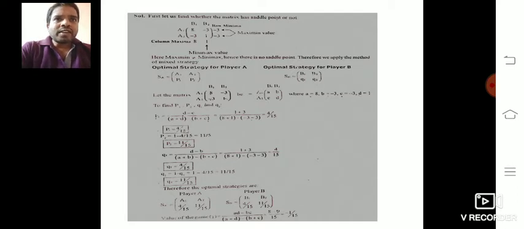Now go for writing the optimal strategy for player A. As I said in the previous slide, the optimal strategy for player A is the SA matrix, given by the strategies player A has, A1, A2, written in the form of a row, and probabilities P1, P2.